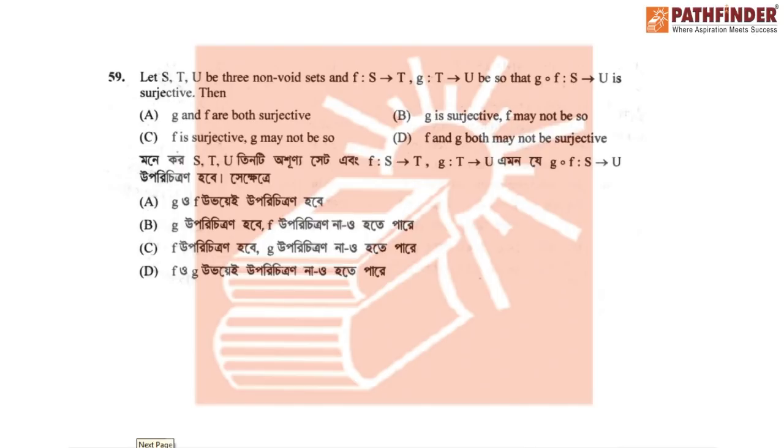Question number 59. Let S, T, U be three non-void sets, f from S to T, g from T to U, so that g of f from S to U is surjective.